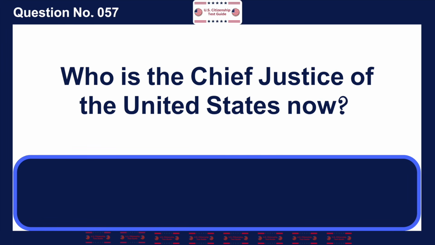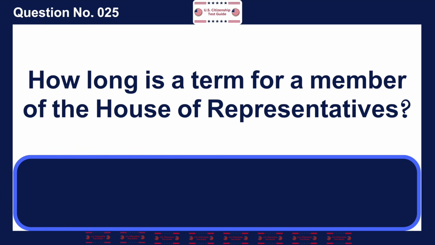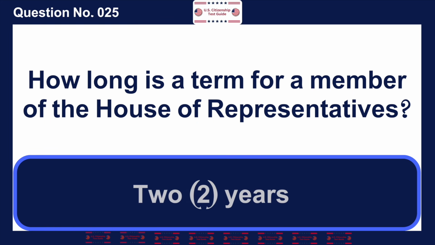Who is the Chief Justice of the United States now? John Roberts. How long is a term for a member of the House of Representatives? 2 years.